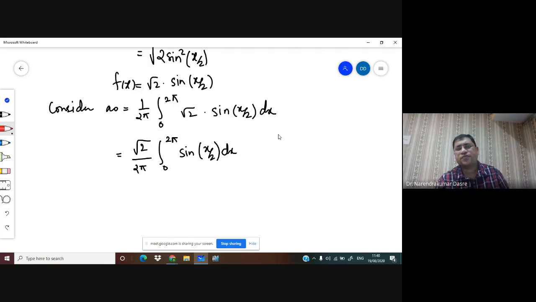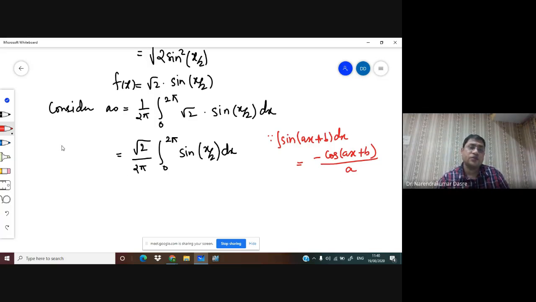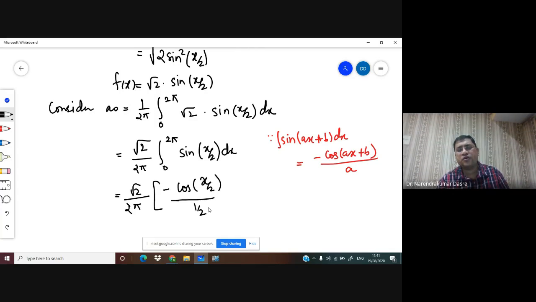Then we know the integral of sine of ax plus b dx is equal to minus cos of (ax plus b) upon a. So here in this case we have root 2 upon 2 pi, and here we'll be having minus cos of x by 2 upon half, from 0 to 2 pi.